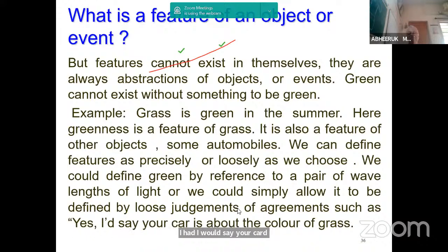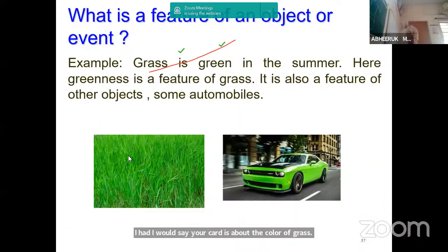Here the color is the feature of the grass, and this green color is the feature of this car. Grass is green in summer; here the greenness is the feature of the grass. It is also a feature of other objects like an automobile. So this is called a feature.